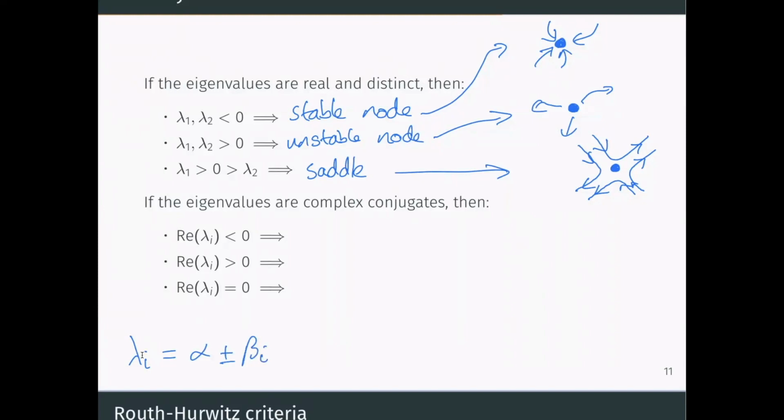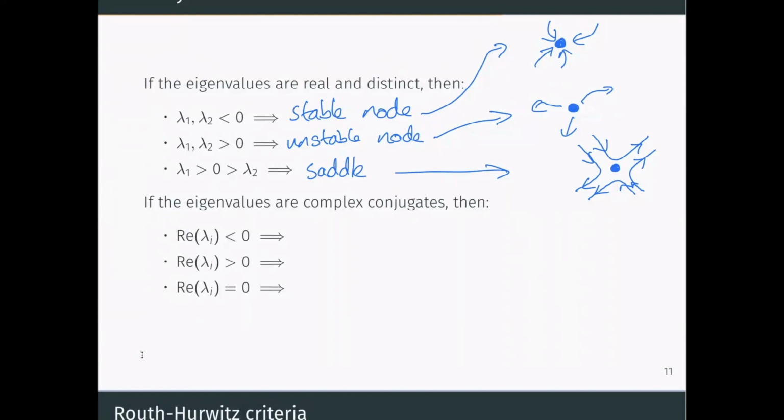These would be our two eigenvalues. They have the same real part and the same imaginary part, but we have plus beta i here and a minus beta i. They're complex conjugates.